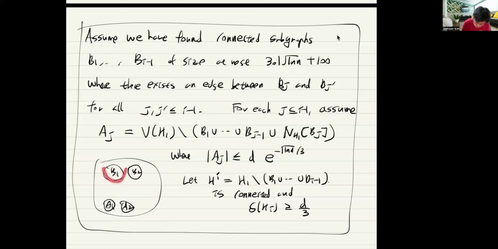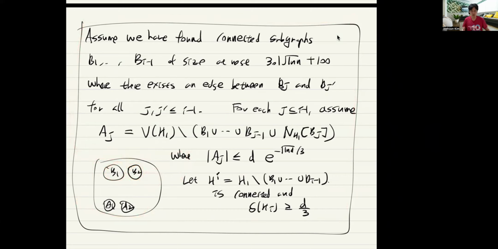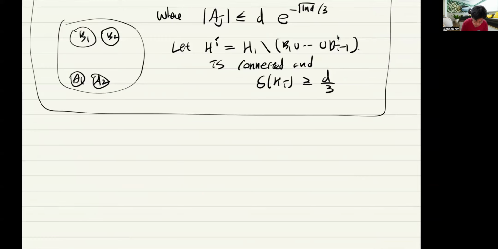So far we have found subgraphs one by one, and so far we have made this hold. And then we want to repeat one more time to find the next one, Pi, so that all the conditions still hold with this new additional one. So there exist edges between Pi and each one of them. And you get the new Ai, which is also small. And after deleting Pi, it is still connected and has large minimum degree.